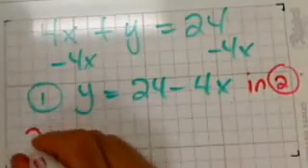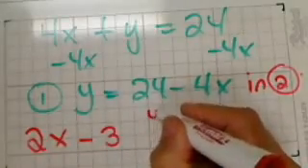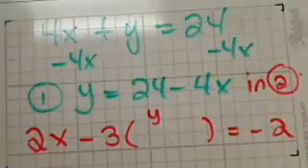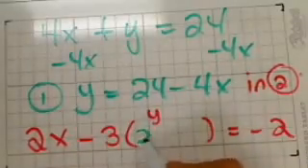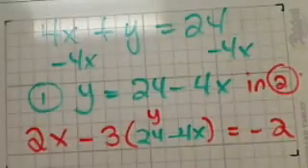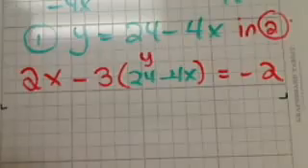Equation number 2, remember, was 2x minus 3y equals negative 2. So in the y part, I'm going to substitute what y is here that I wrote out, and that is 24 minus 4x. Now I can multiply that out.